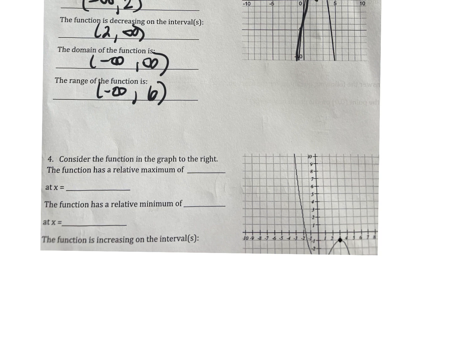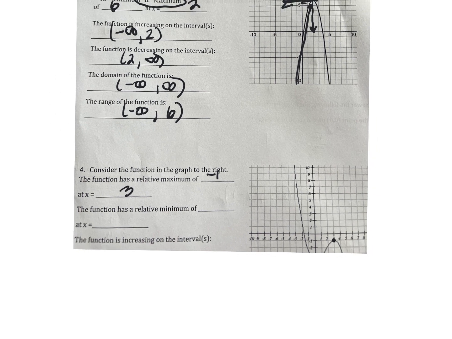Now it says consider this function. This function has a relative maximum right here at 3, -1, and our maximum is -1 at 3. It has a relative minimum down here. I can't see this in the picture I got.